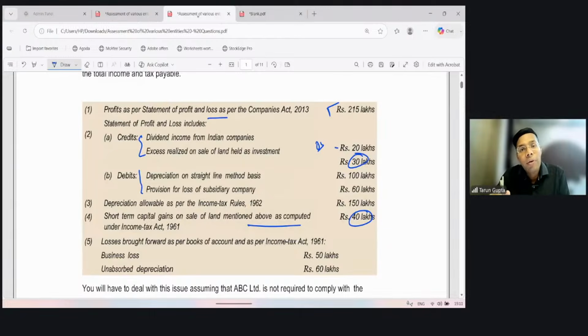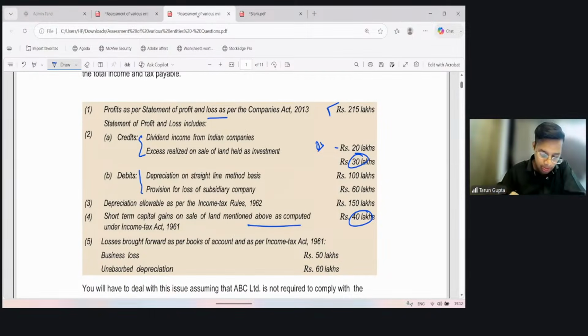The 100 lakh of depreciation shall be disallowed, and we will claim a deduction of depreciation as per income tax, 150 lakh. Then provision for loss of subsidiary, 60 lakh, is not allowed under the normal provisions as well. Then the business loss and the other depreciation shall be allowed under the normal provisions.